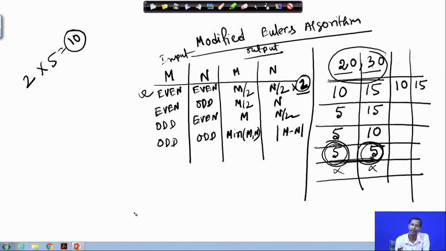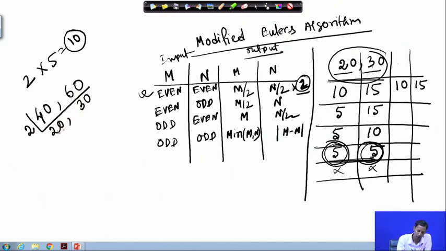Now, let us consider another case where I can find more of this. If I consider another example, 40 and 60, then for this particular case initially it will be 20 and 30, then 10, 15, then 5, something like this.